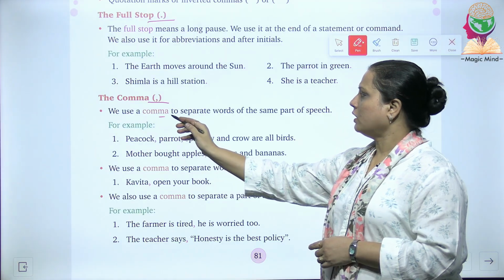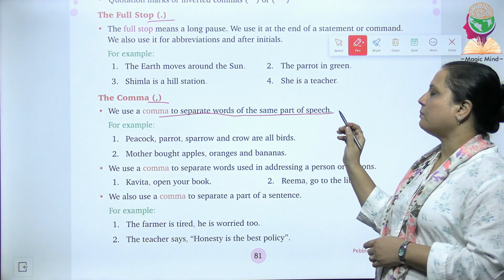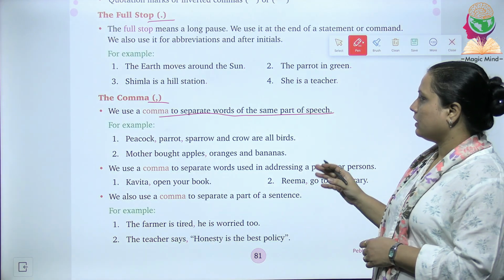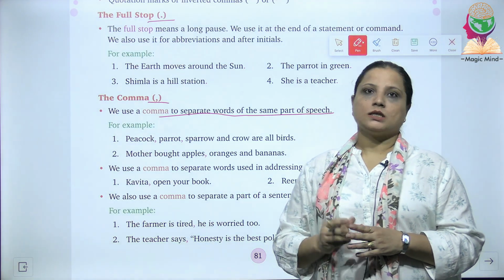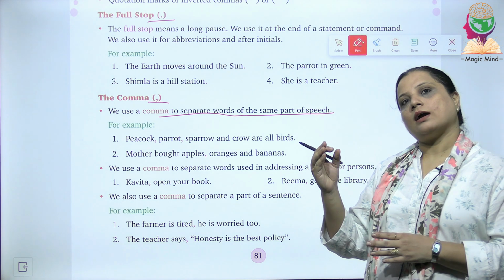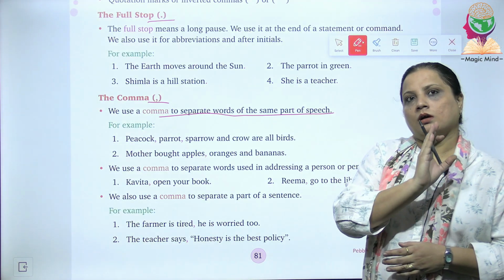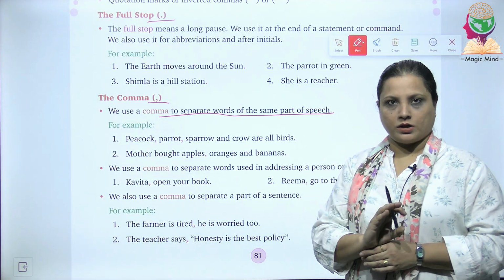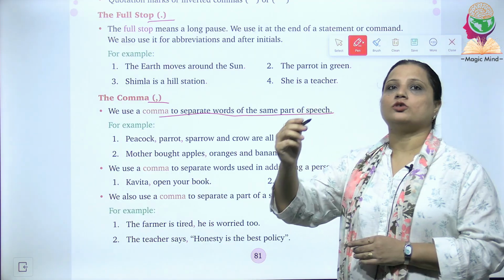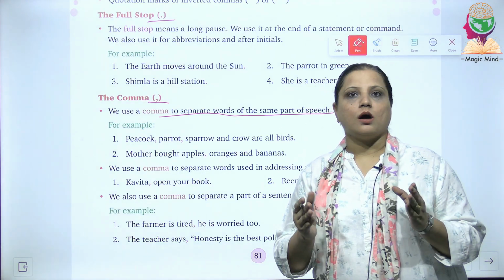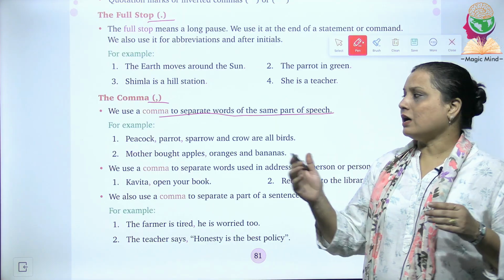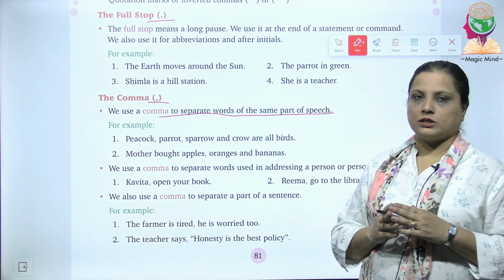We use comma to separate words of the same part of speech. Like I speak a sentence: Ram, Mohan, Sheena and Ravi. So I am speaking a group of names over here and in between those names we will use comma because they are from the same part of speech.